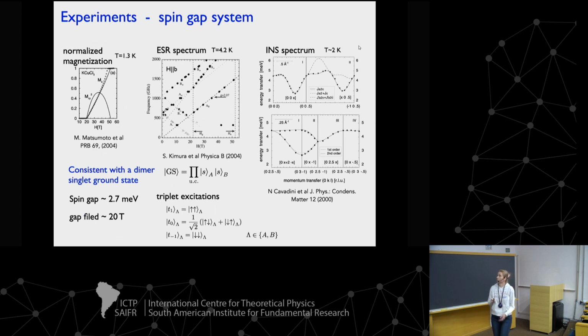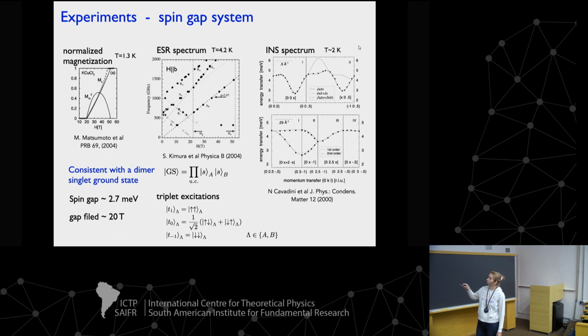So these are some early experiments, and surprisingly, these are actually the experiments. After 20 years, there have been no new measurements on these materials. As you can see in the magnetization, below about 20 Tesla there is no magnetization whatsoever.